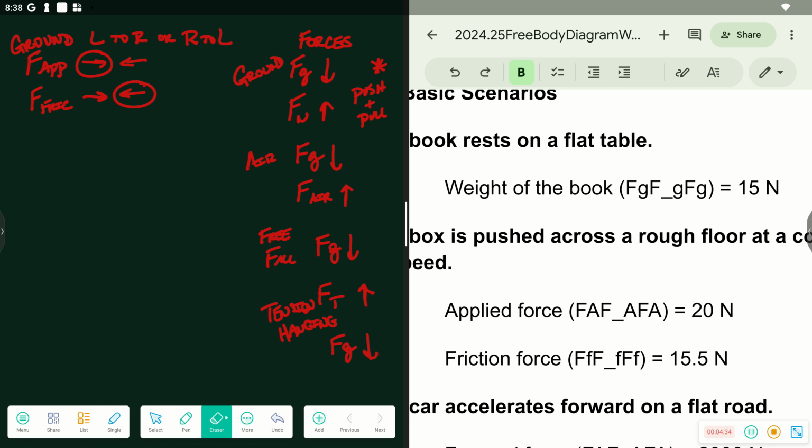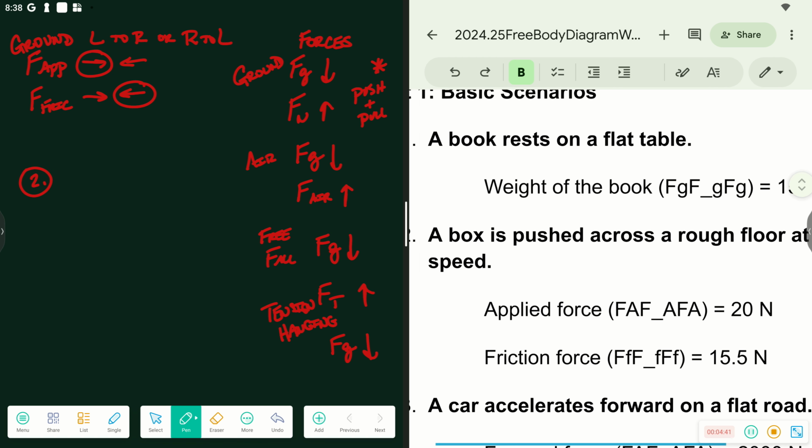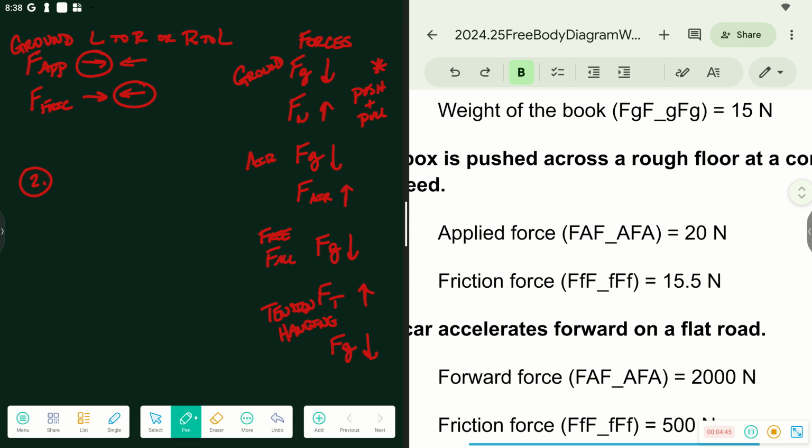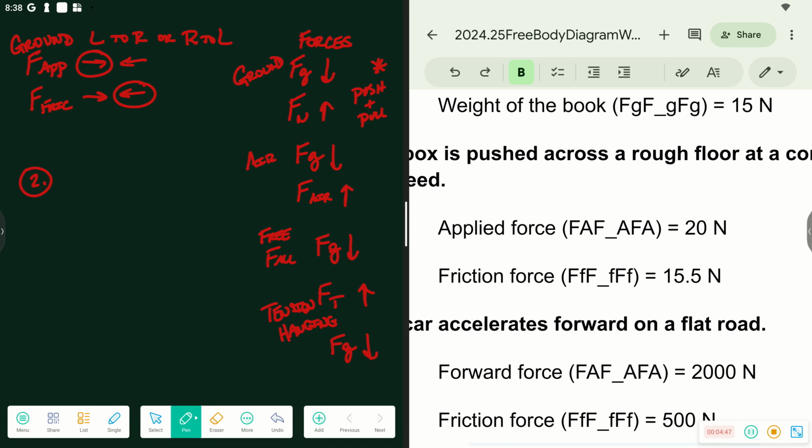Number two is a box is pushed across a rough floor at a constant speed. So again, draw your box. It's on the floor, which means gravity's pulling it down, but it's being pushed across a rough floor.